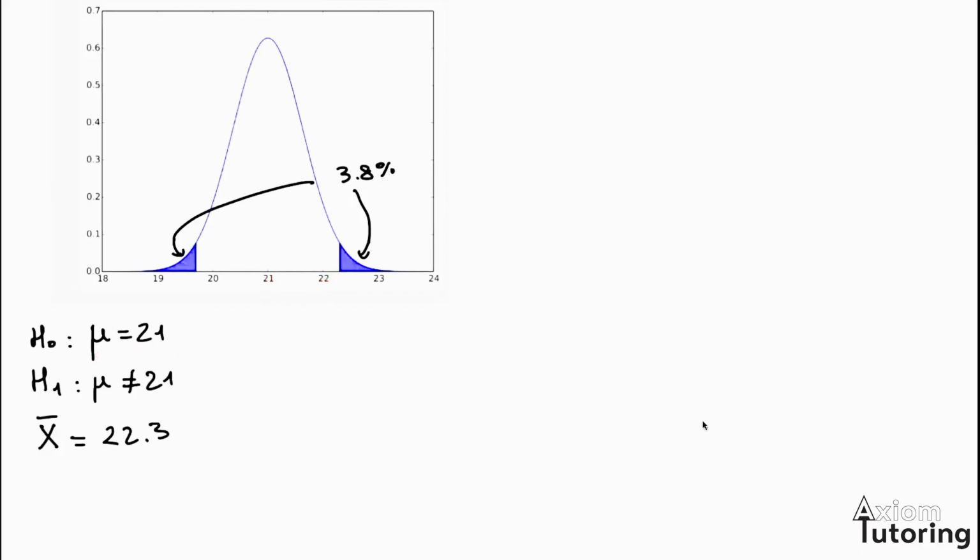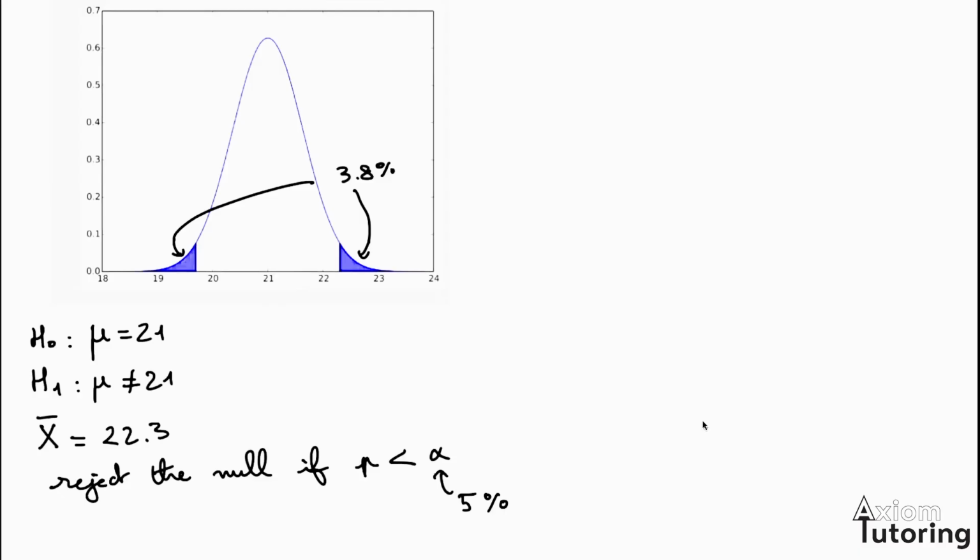Now, remember that we said that we would reject the null if the p-value is less than our significance level alpha. And our significance level alpha, let's say, is 5% in this case. So even if the null hypothesis is true, 5% of the time, we would reject it.